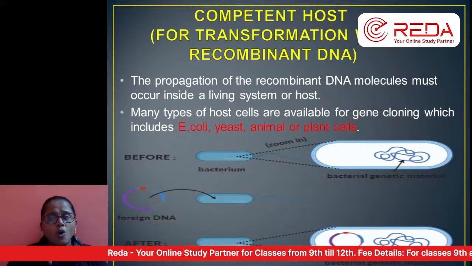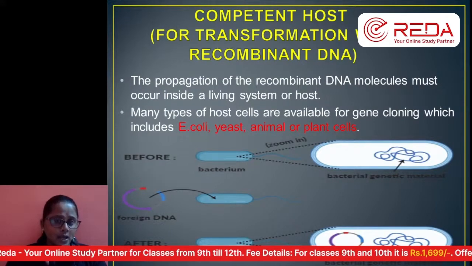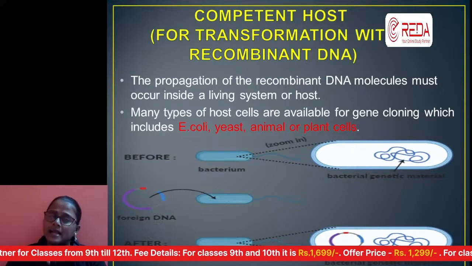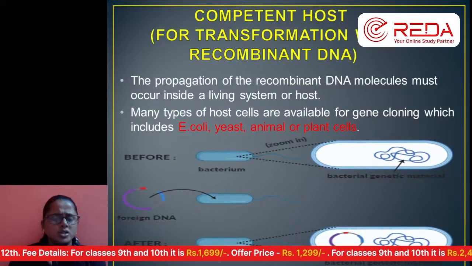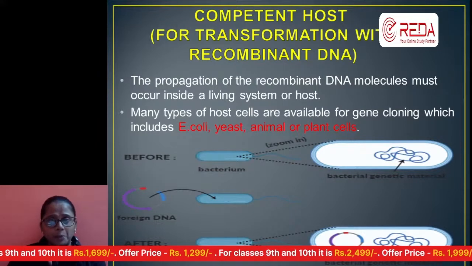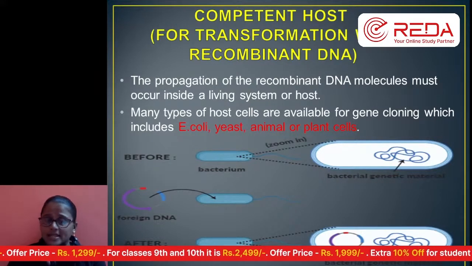Usually, the hosts preferred by the biotechnologist are E. coli, yeast cells, and some animal and plant cells. These are the most preferable types of cells taken for the purpose of growing the rDNA, and they act as common hosts.